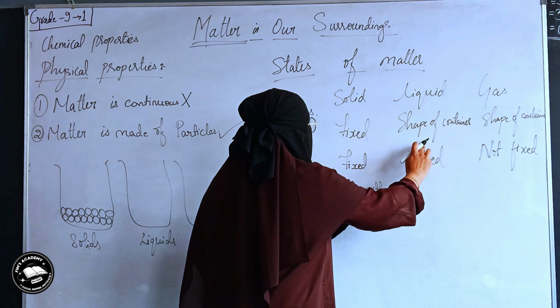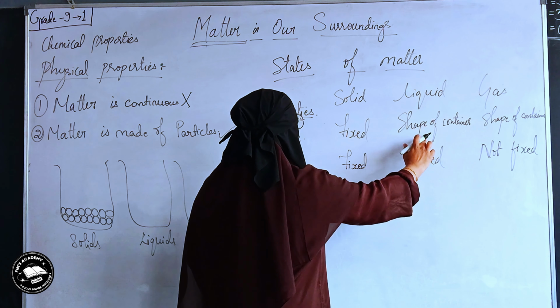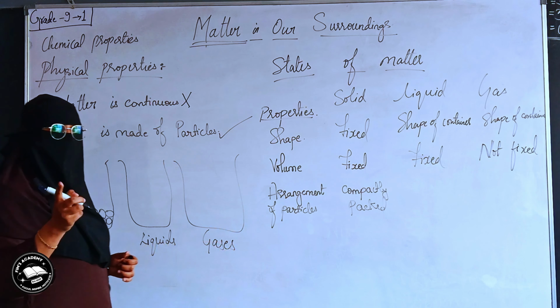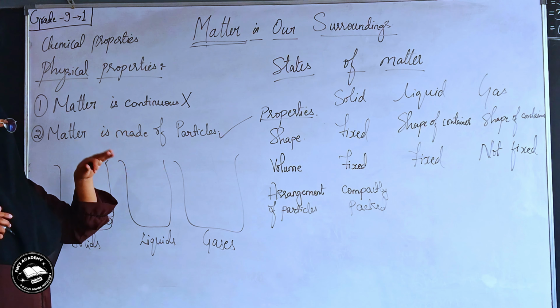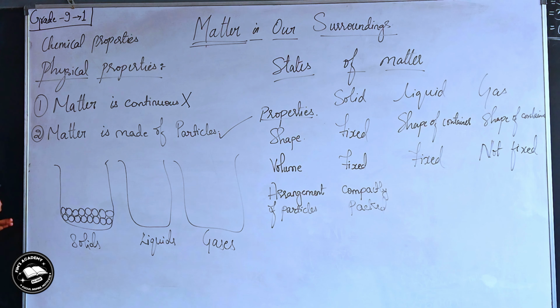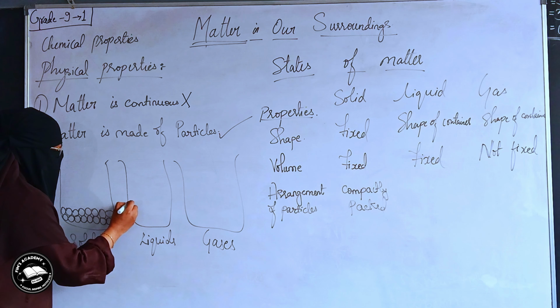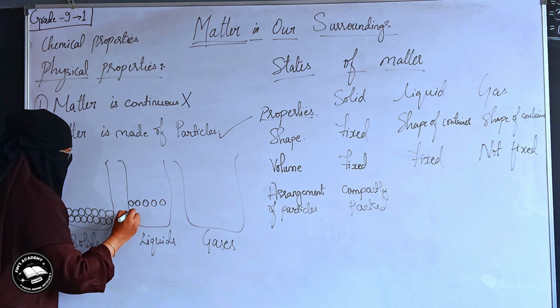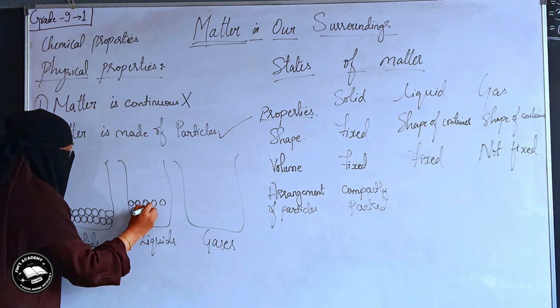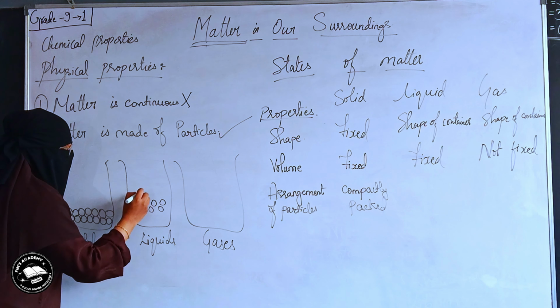But if I talk about the liquid, I had spoken that the liquid acquires the shape of the container. That all happens because the molecules, of course, are there as a bunch. They are arranged, but there is no proper arrangement of those molecules.